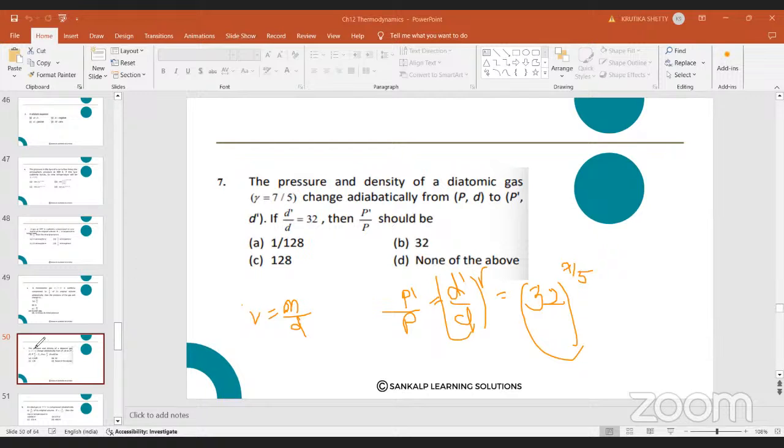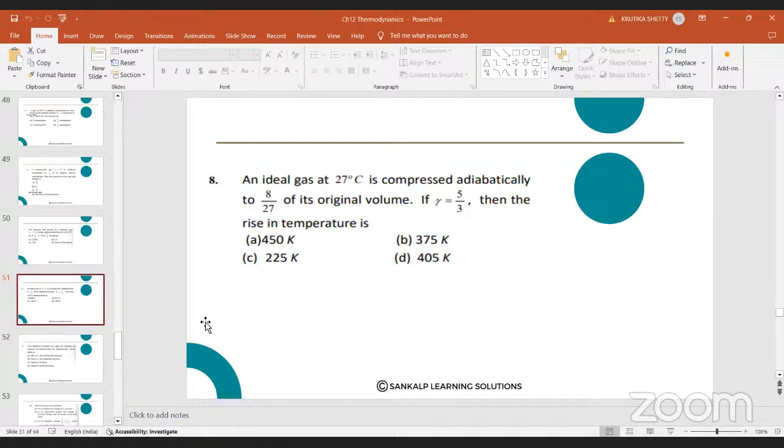Let us go for the next question. So the next question is, an ideal gas at 27 degrees Celsius is compressed adiabatically to 8 by 27 of its original volume, and the gamma value is given as 5 by 3. Then the rise in the temperature is.